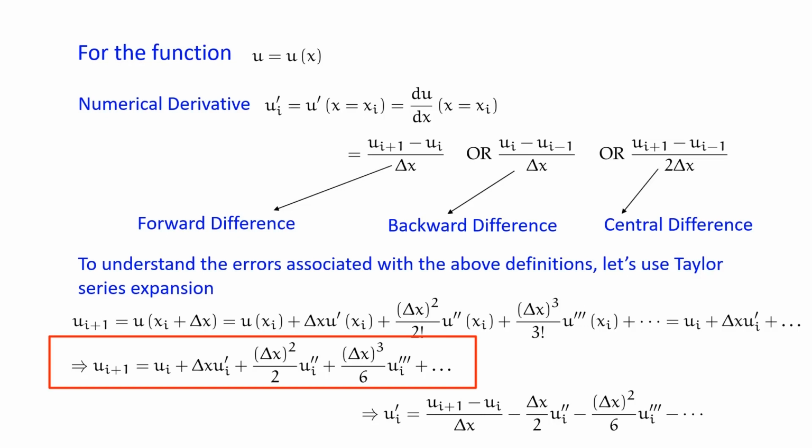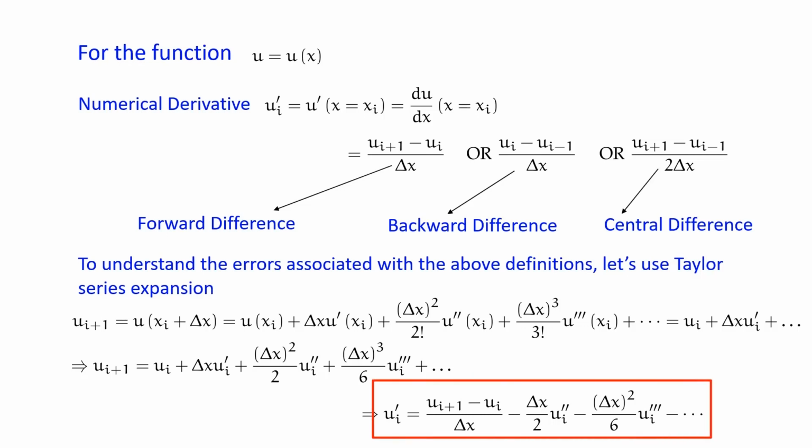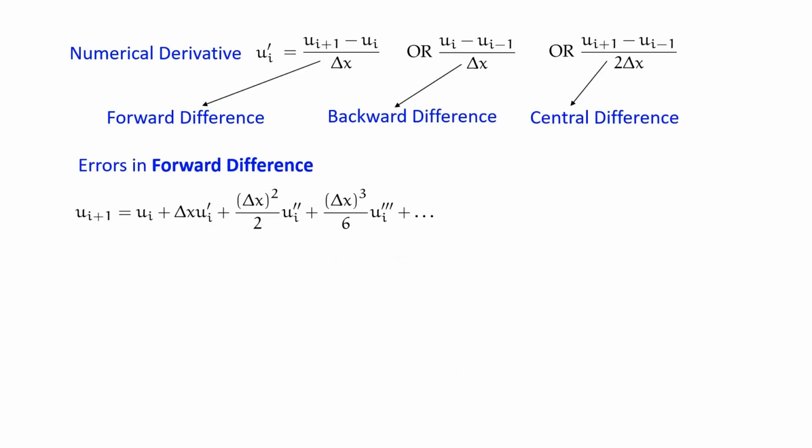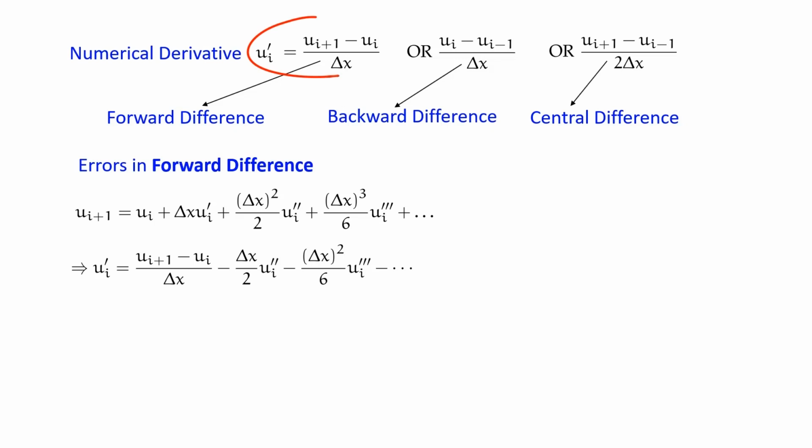We can now prepare an expression for u i prime as u i prime equals u i plus 1 minus u i divided by delta x minus delta x by 2 u i double prime, etc. So we can see that u i prime is on the left hand side, and on the right hand side we have u i plus 1 minus u i divided by delta x.